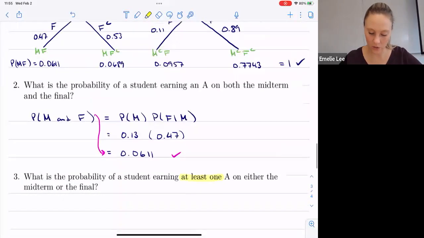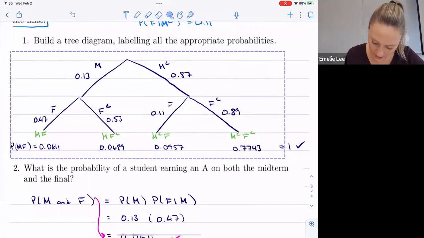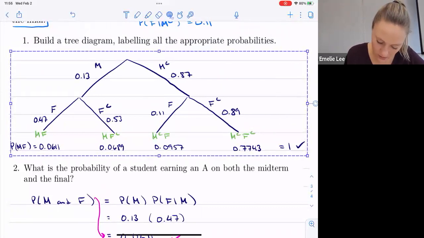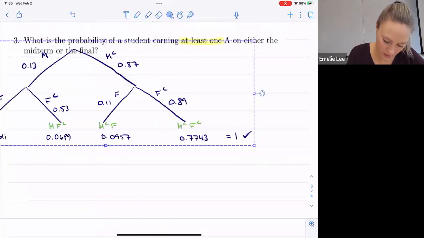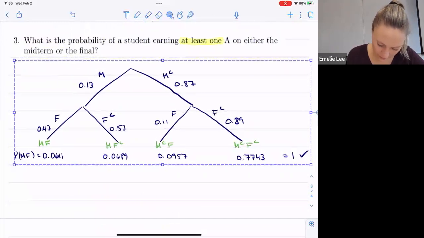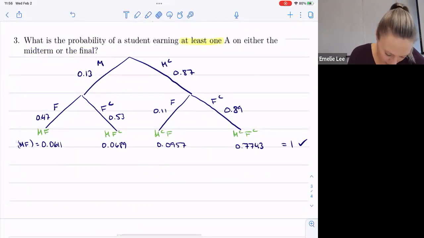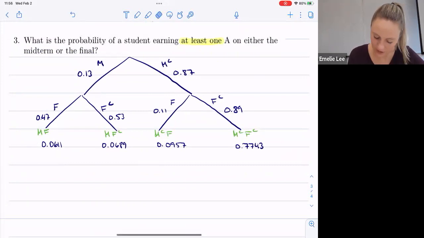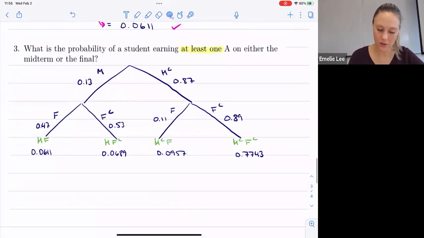So I'm actually going to steal this tree again, so I'm just going to cheat and copy it again. And I'm not going to write this out. I'm not going to have this here.